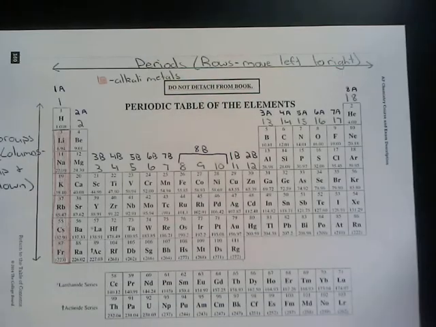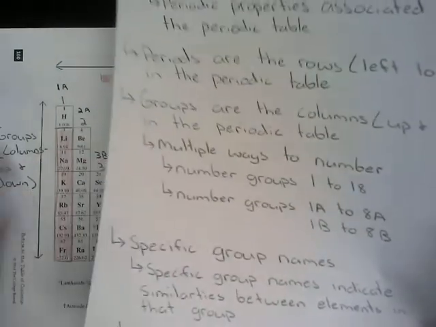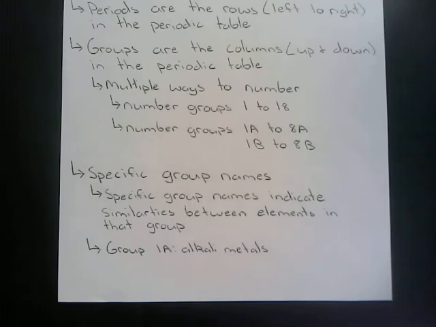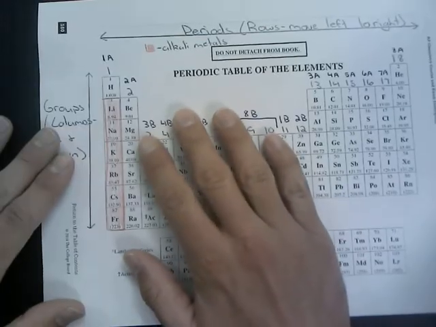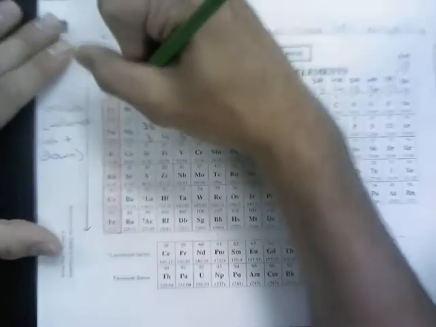Now, transitioning back to our notes, group 2A is known as the alkaline earth metals. And so again, I'm going to transition to the periodic table, and I am going to label or shade in the alkaline earth metals. So we go over here to group 2A, and I am going to shade it in green.